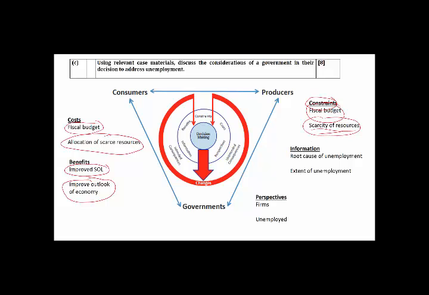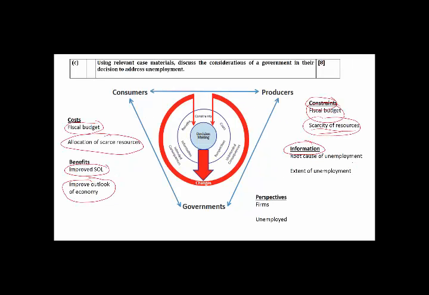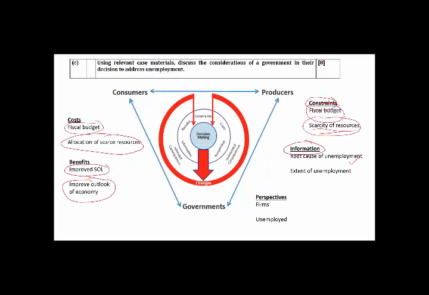Okay, so just now I mentioned about information. So information, you want to find out what's the root cause of your unemployment. Because knowing the root cause, you can then determine what kind of policy will be appropriate for you to use so that you can at least tackle this root cause to bring about a reduction in your unemployment.